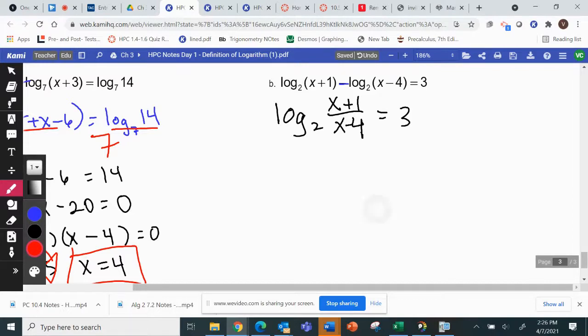I'm going to exponentiate. So 2 to the power of that and 2 to the power of that. So that'll cancel, and we get x plus 1 over x minus 4 equals 8. And now it's just like, do you remember your algebra 2 skills? Can we cross multiply or multiply both sides by x minus 4 and solve?